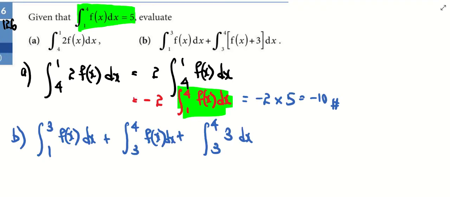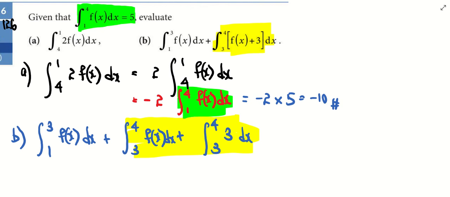Okay, if I need to tackle part B, the first thing is, instead of writing the integral sign inside the square bracket, I split it up first. Can you all see that? I split it up first and integrate them individually. Why would I want to do that?